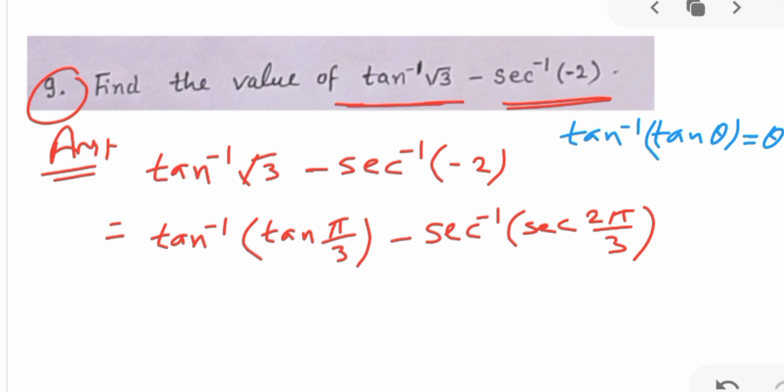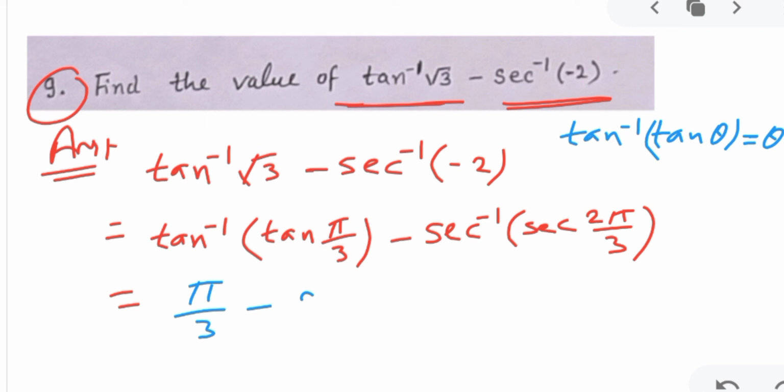So I will write here tan inverse tan pi upon 3, only this value will be there, whatever the angle is, pi upon 3. Similarly, sec inverse sec 2 pi upon 3, sec inverse sec will go, only 2 pi upon 3 I will write.